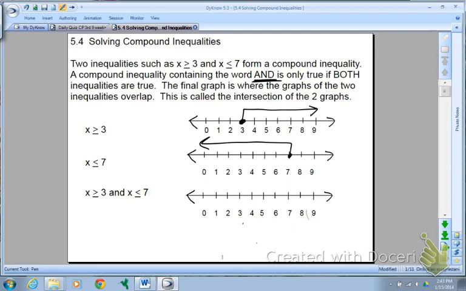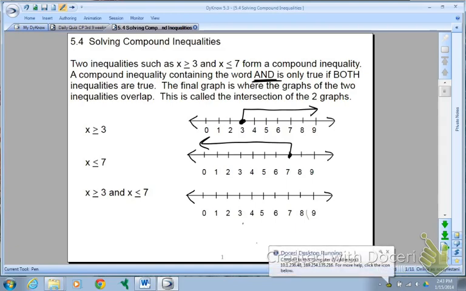So if we combine these two with the word and, it has to be true for both. If we merge them together and they land on top of each other, where would the graphs overlap? From 3 to 7, right? So that's where they would overlap.